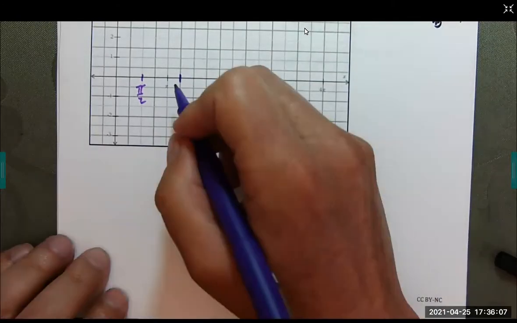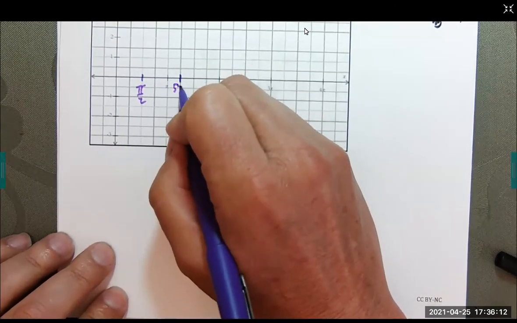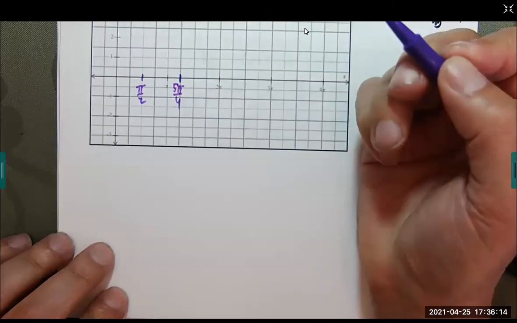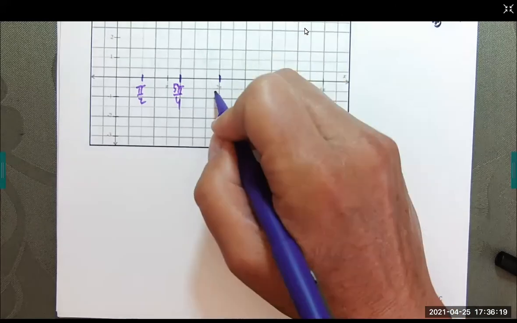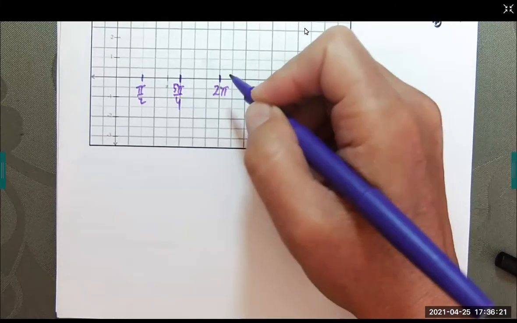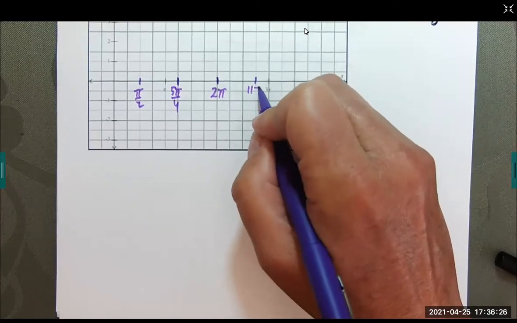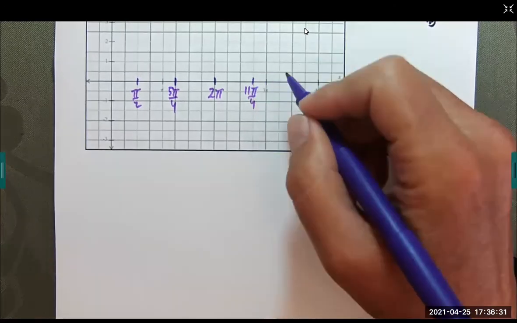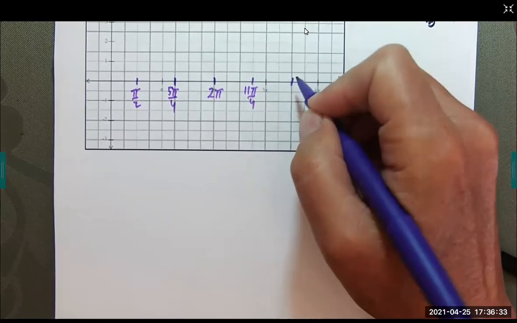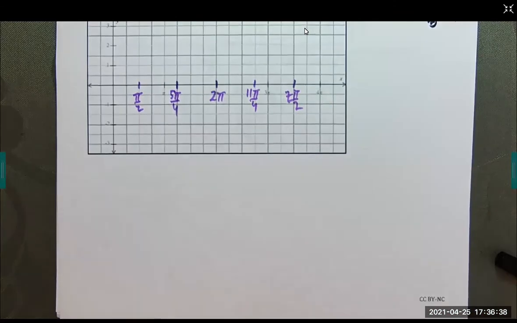So this becomes 5 pi over 4. Next up is 2 pi. Next up is 11 pi over 4. 1, 2, 3. 11 pi over 4. And last up is 14 pi over 4, which is 7 pi over 2.